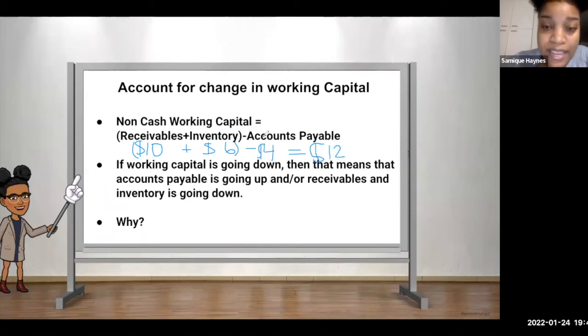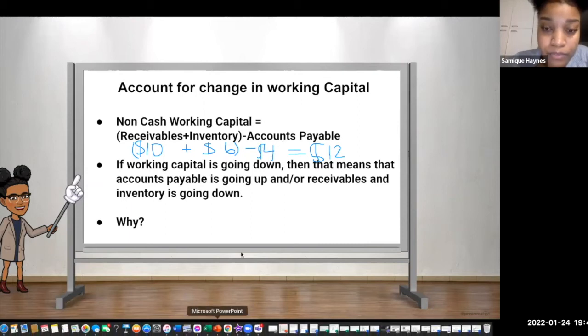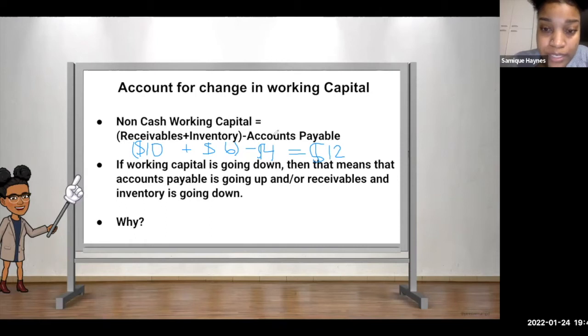Now, if accounts payable goes up, for example, to $6, what's going to happen to our non-cash working capital?